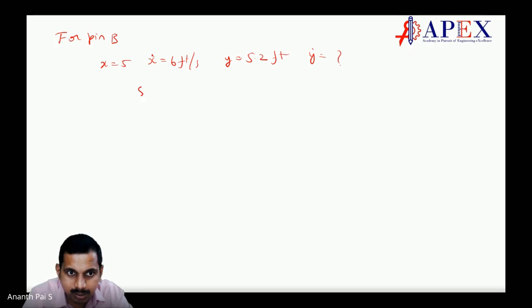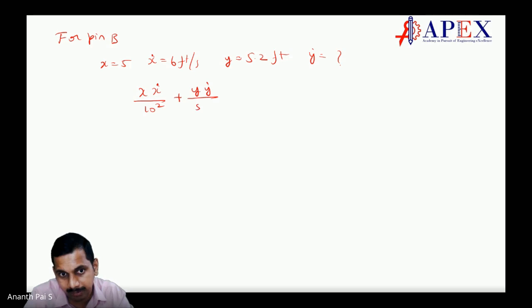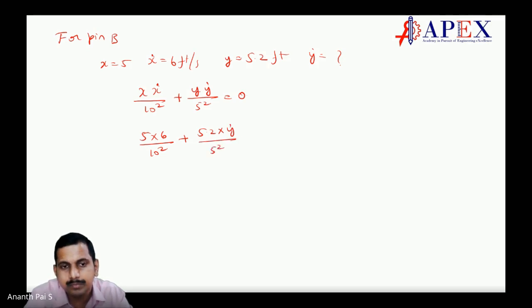So we have x dot divided by 10 square plus y dot divided by 5 square is equal to 0. Let us put x is 5, x dot is 6 divided by 10 square plus y is 5.2, y dot we do not know, 5 square, that you get 0.